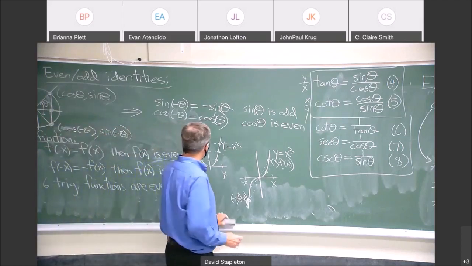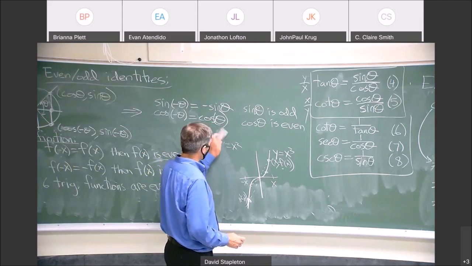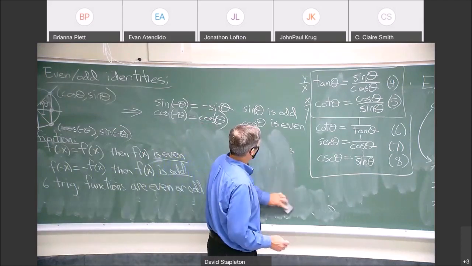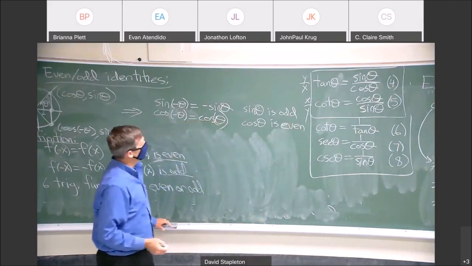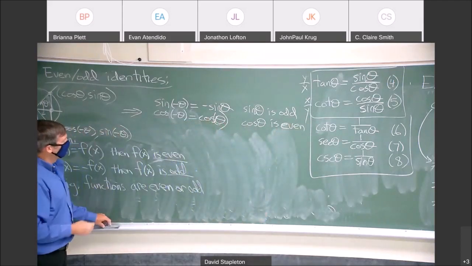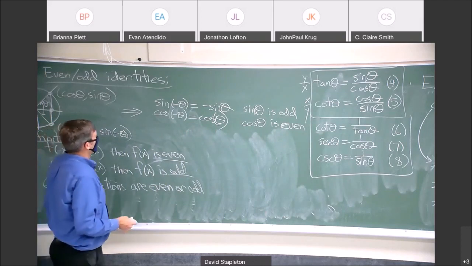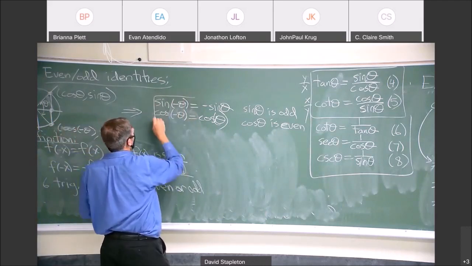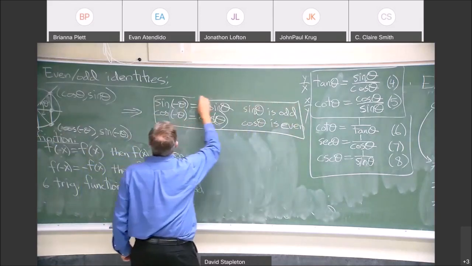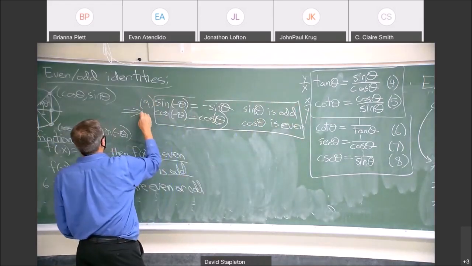One of the reasons you did this in algebra was so that you could apply it in trigonometry. We'll apply this to the graphs later, but for now, let's just figure out which ones are even or odd and use them for solving a few identities. We know these from the unit circle, right? We could call these 9 and 10 or something.